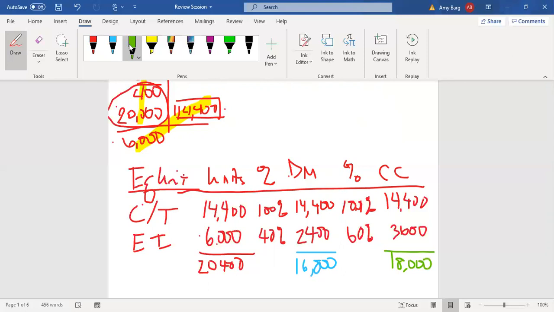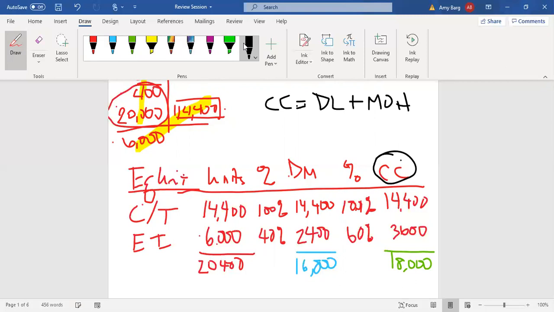So now we know that as far as direct materials go, we have 16,800 equivalent units, and we have 18,000 equivalent units as far as conversion costs go. Don't forget that conversion costs are equal to the direct labor plus the manufacturing overhead. That's important information.